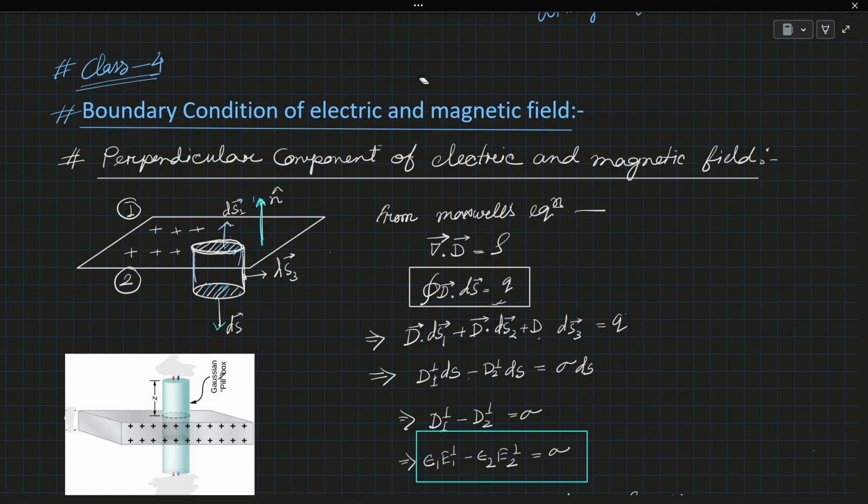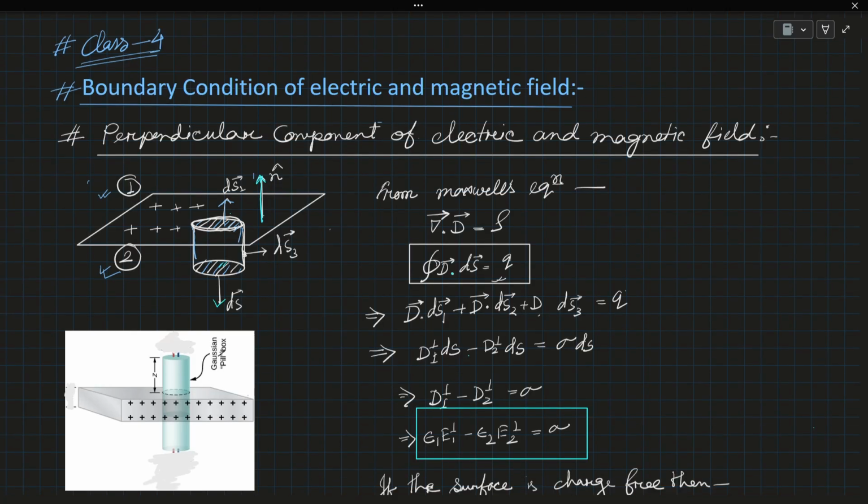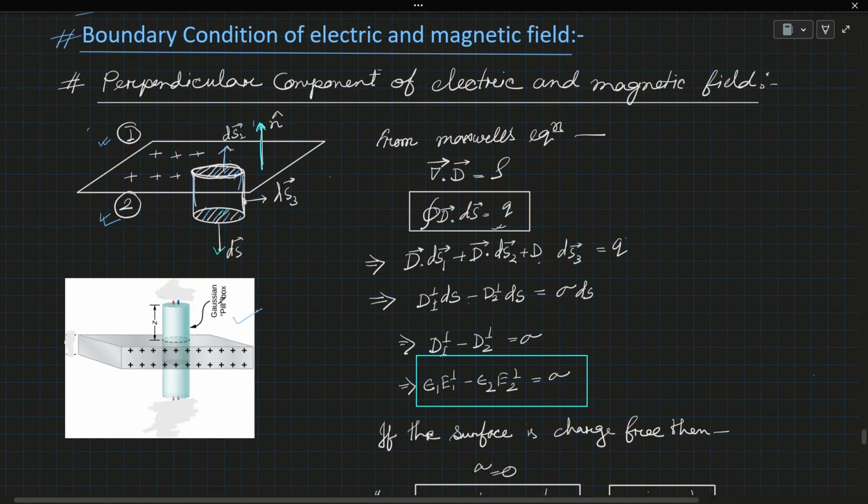Here, as you can see, I have taken two media, medium 1 and medium 2, and this parallelogram represents the boundary. For 3D visualization you can look at this. This is medium 1, this is medium 2, this is the boundary.